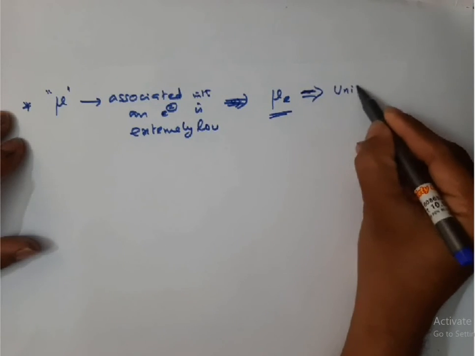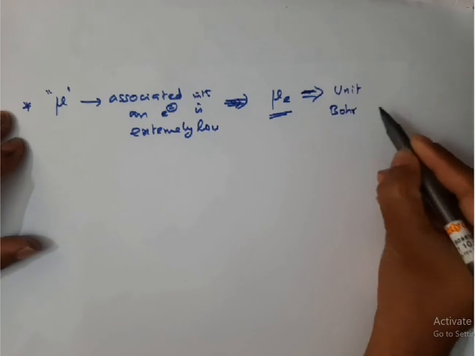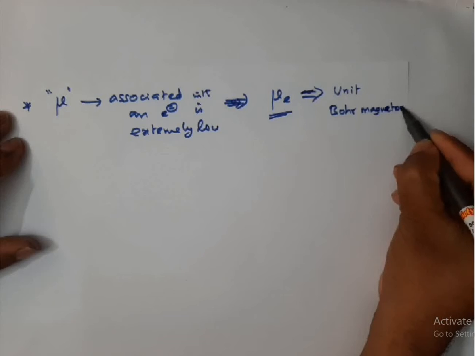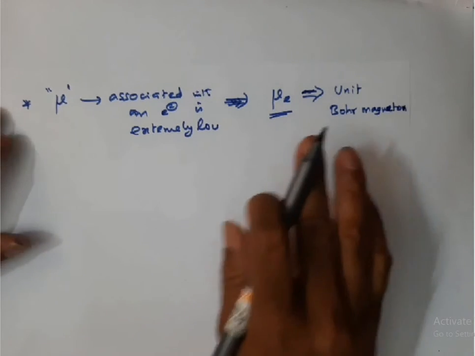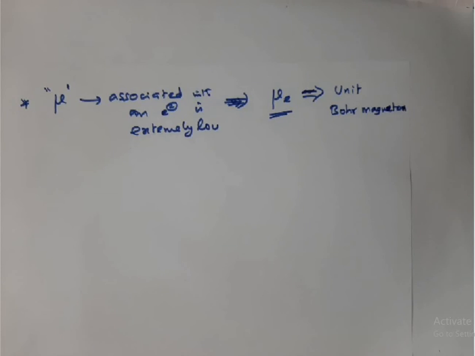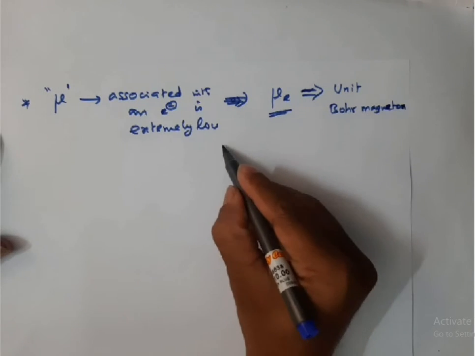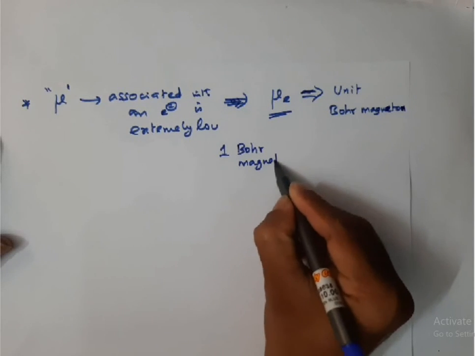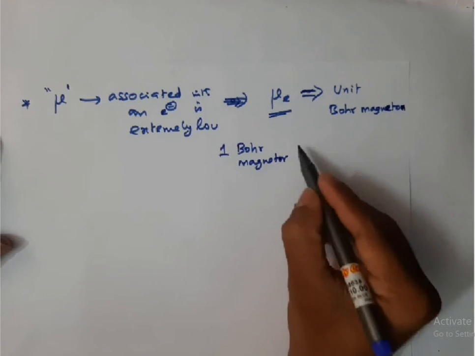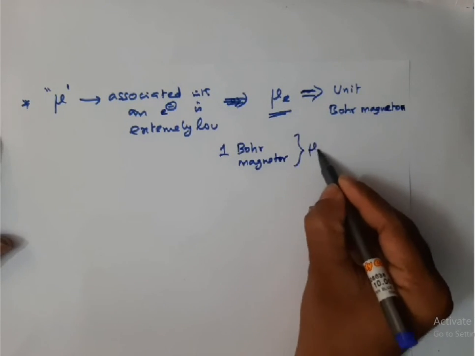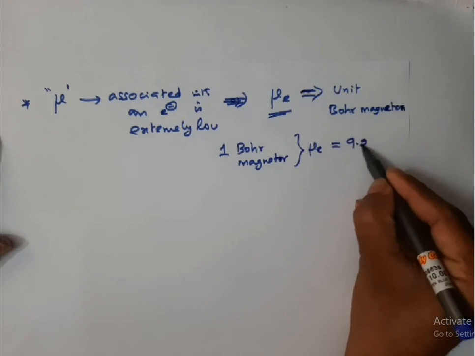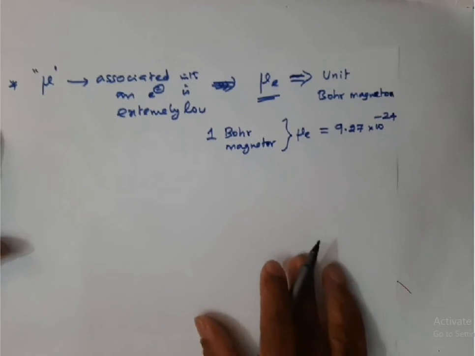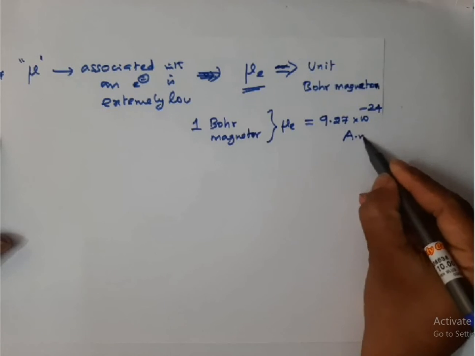What is the unit we use? The unit is Bohr magneton. Remember why we use this unit? Because one Bohr magneton for electron mu e is equal to 9.27 times 10 to the power minus 24, very very low, ampere meter square.